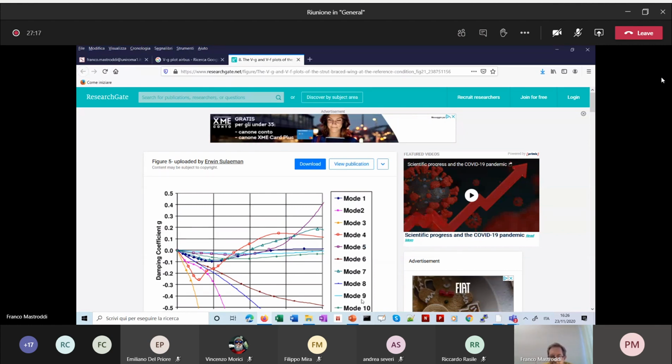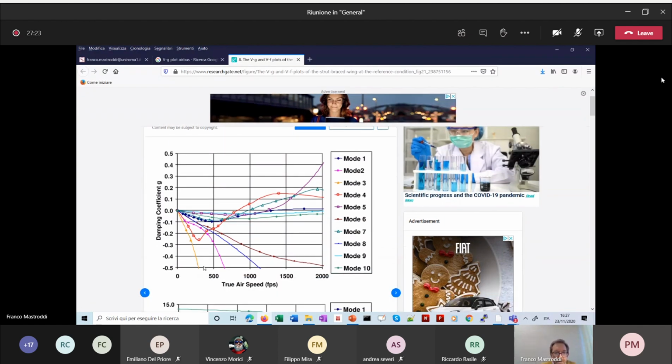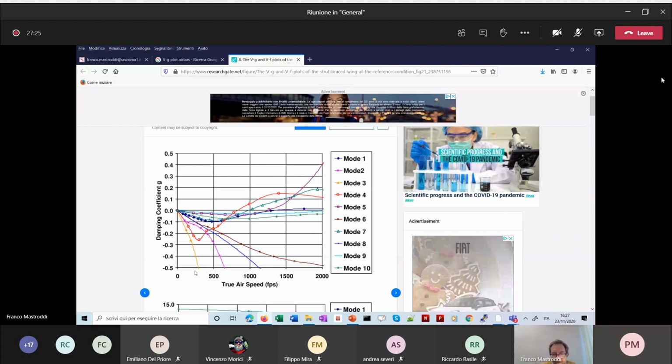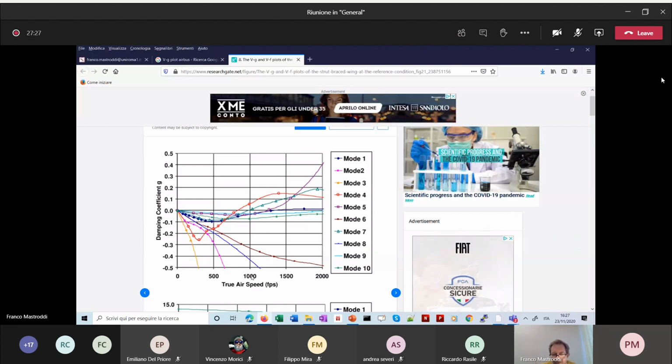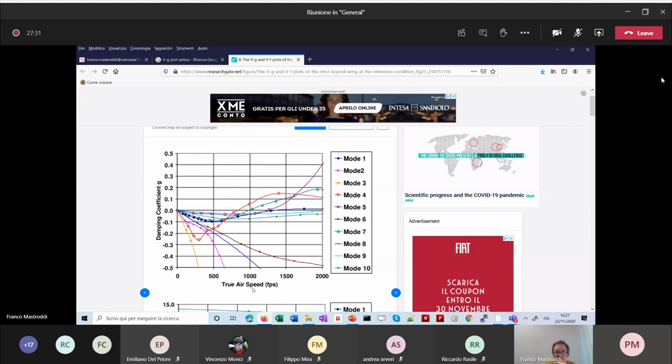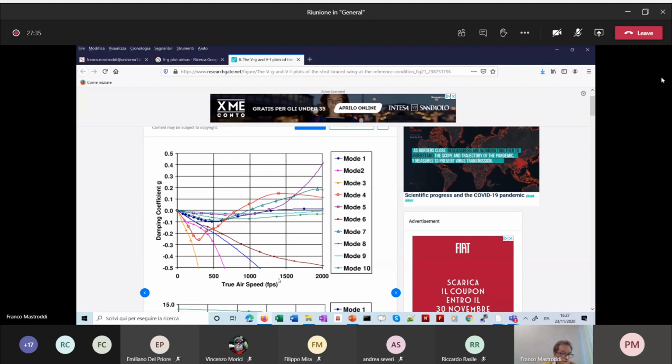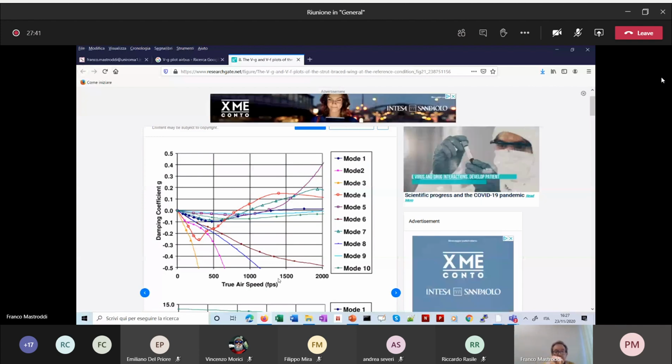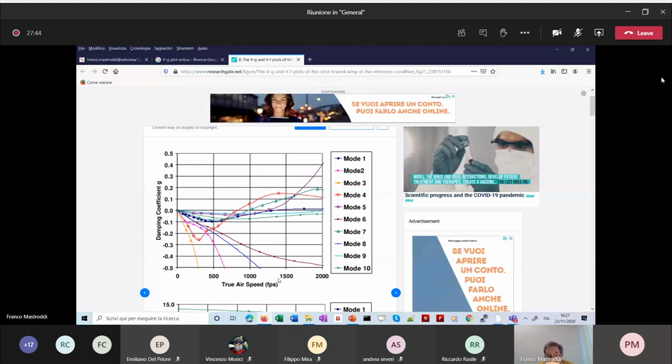These 10 are essentially the 10 poles of your eigenproblem, and on the x-axis here, you have the true airspeed. In this case, true is in the sense of aeronautical language, that is, the equivalent velocity.